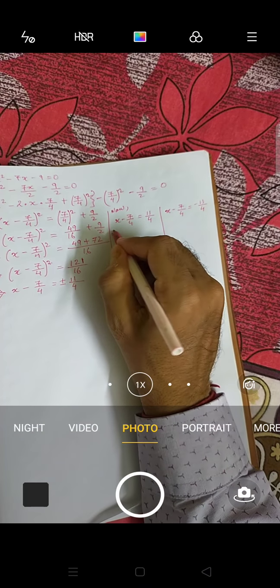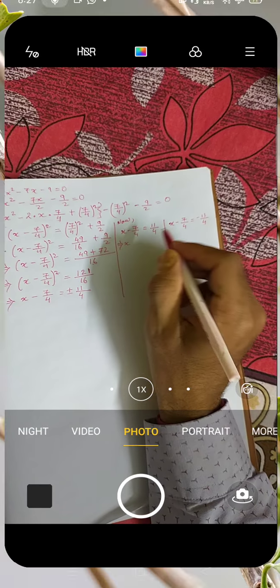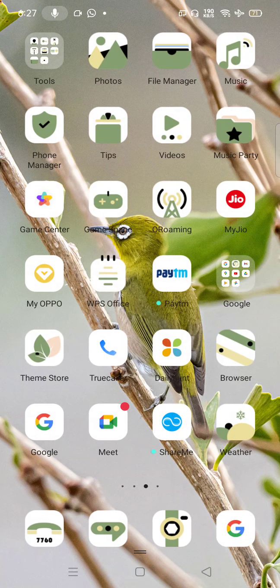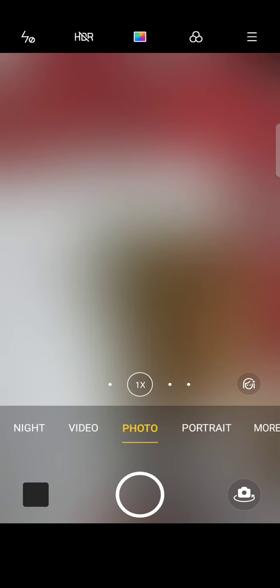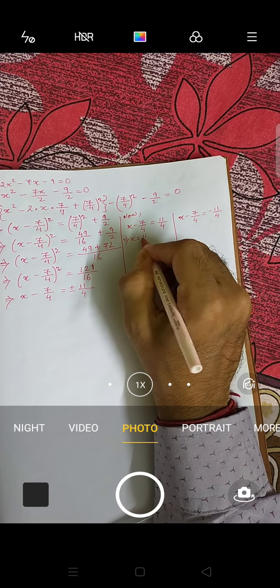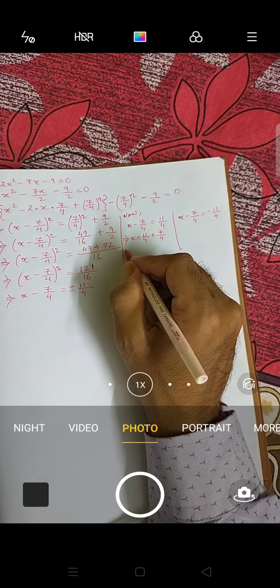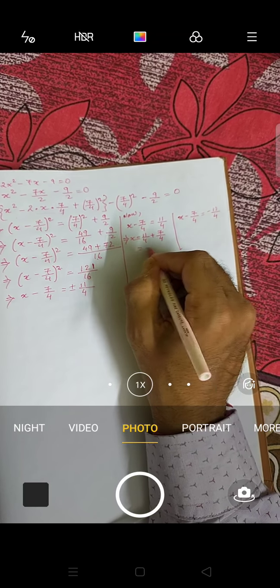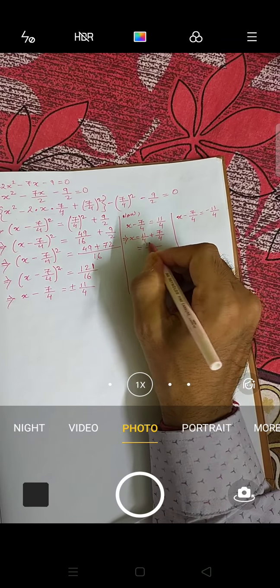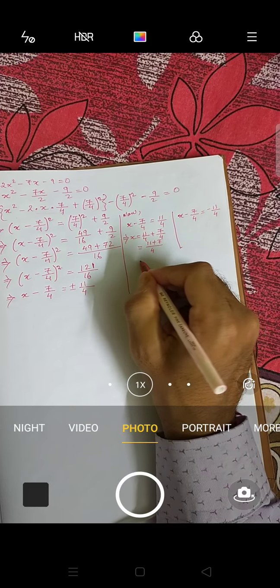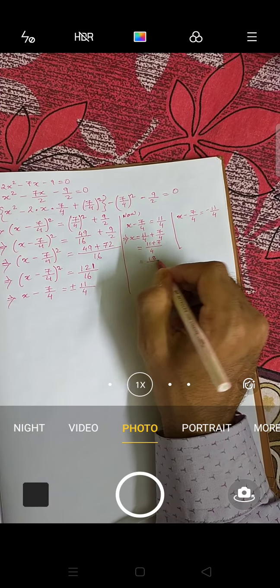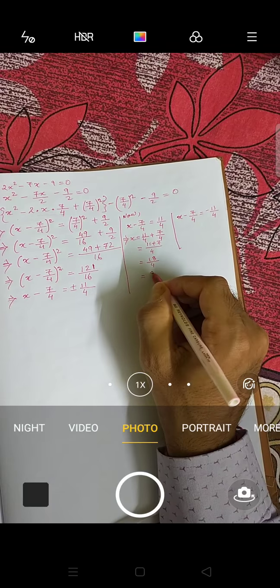So this will become x equals to 11 by 4 plus 7 by 4. So this will become 4, 11 plus 7. These are basic things. So 18 by 4, you will be having 9 by 2.